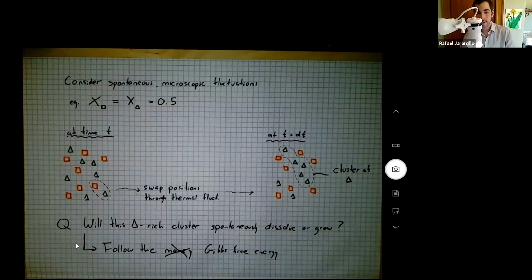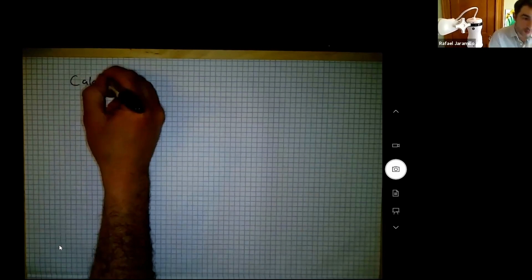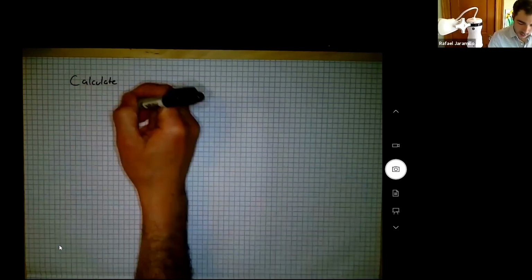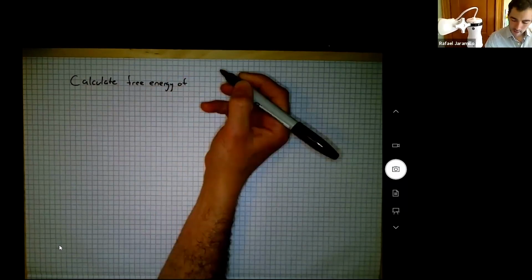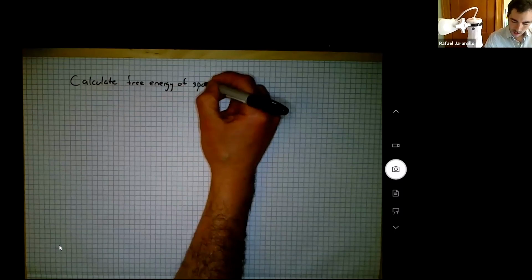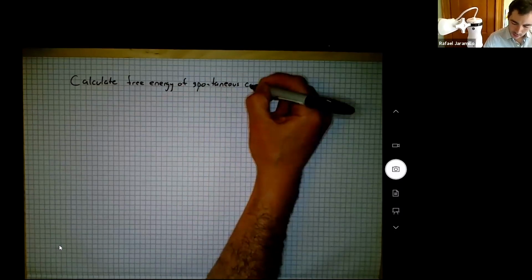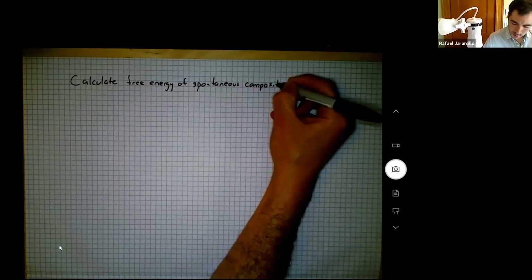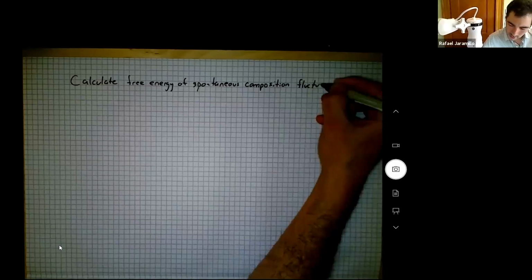So how do we do that? Well, we calculate the free energy of spontaneous composition fluctuations.